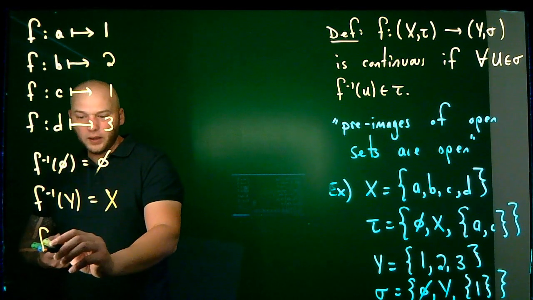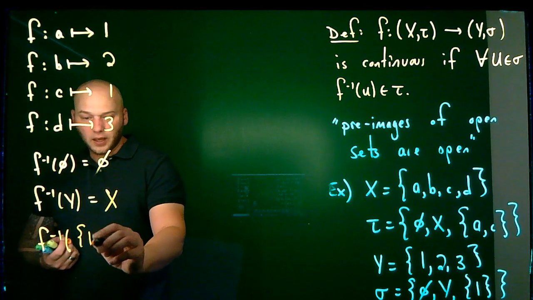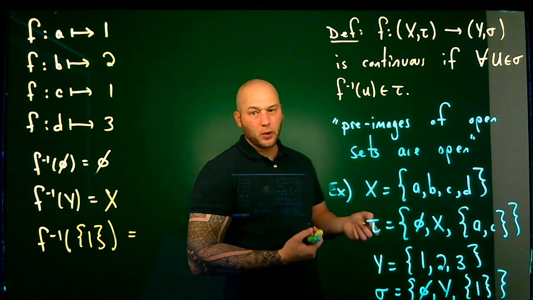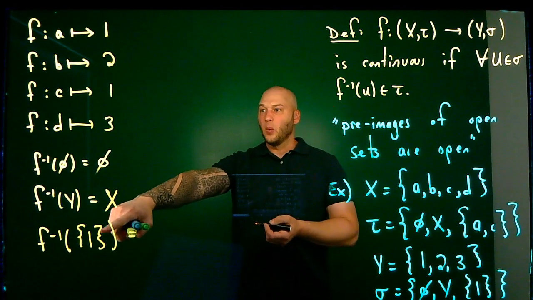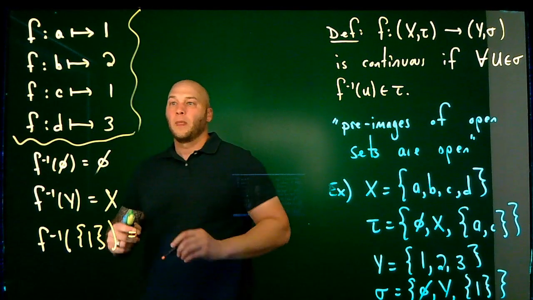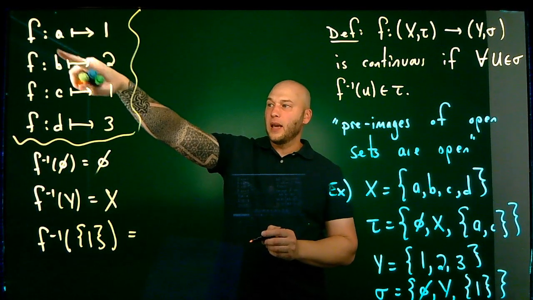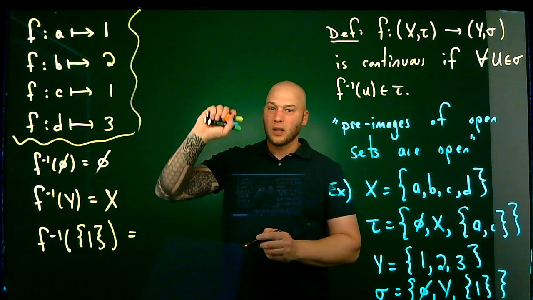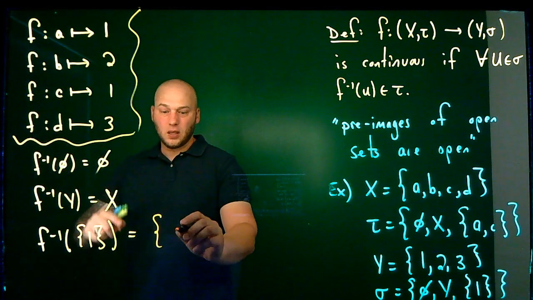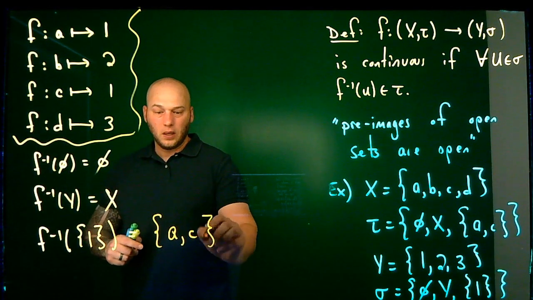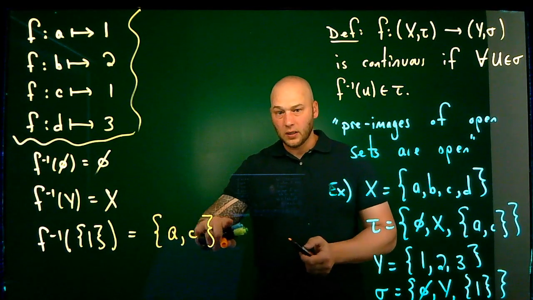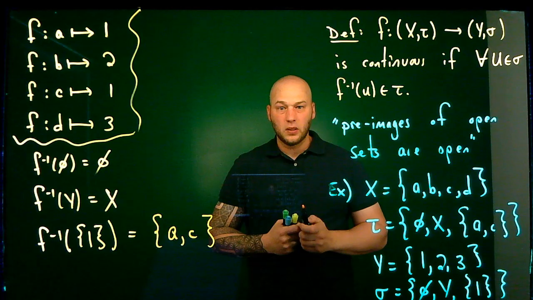And then finally, what is the pre-image of the singleton set? What are the elements of the domain space that map to the point 1, or to the value 1? Well, again, if I look up here at the function definition, what maps to the point 1? That'd be A and C. So the pre-image of the singleton 1 would be the set consisting of A and C. And if I look at the topology on the domain space, notice that the set containing A, C is an open set.